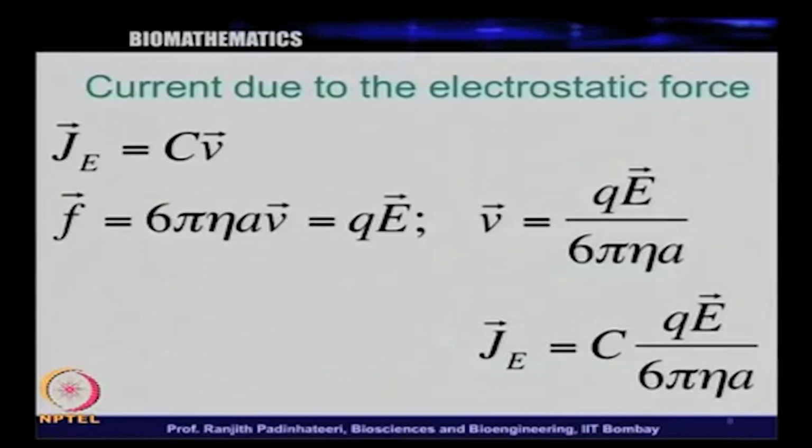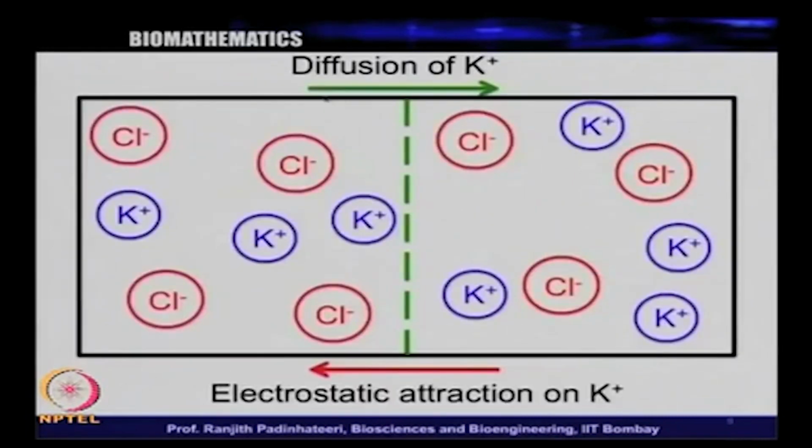So, I have now two currents. The diffusion or the concentration gradient will lead to a current in this direction, and electrostatic attraction will lead to a current in this direction. One current in this way is due to the concentration gradient.